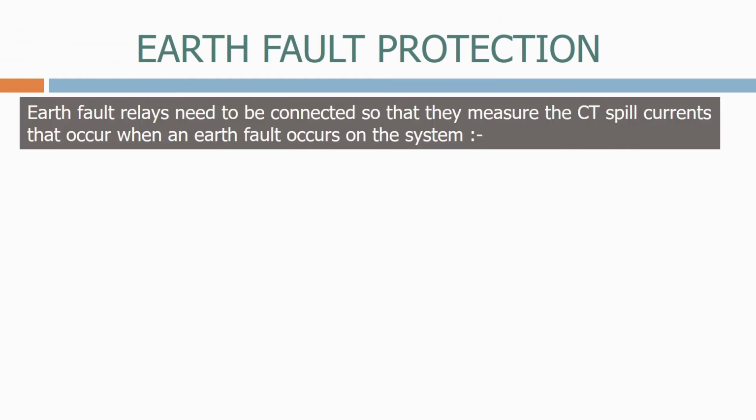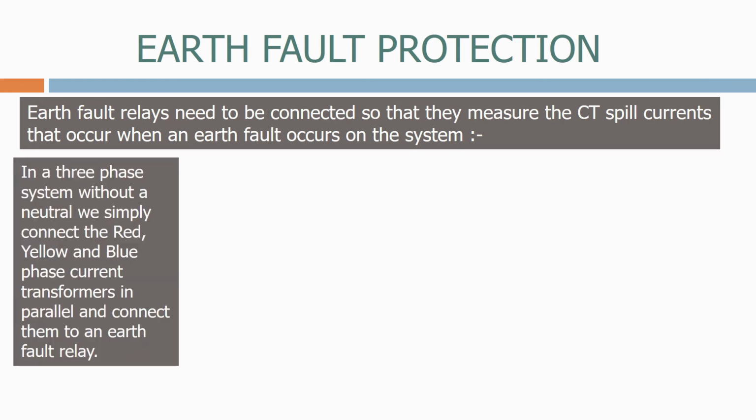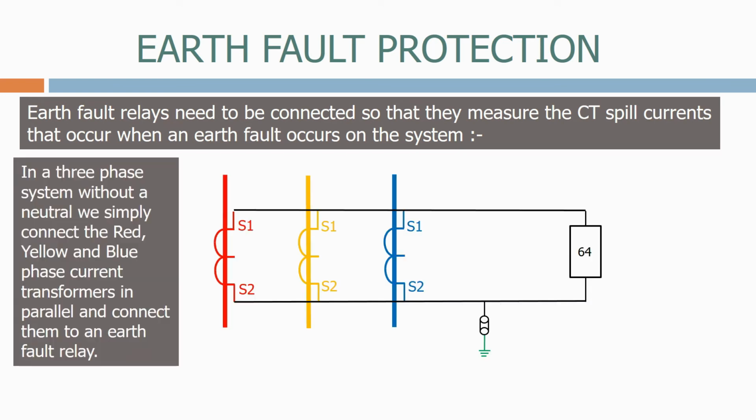Earth fault relays need to be connected so that they measure the CT spill currents that occur when an earth fault occurs on the system. In a three-phase system without a neutral, we simply connect the red, yellow, and blue phase current transformers in parallel and connect them to an earth fault relay.